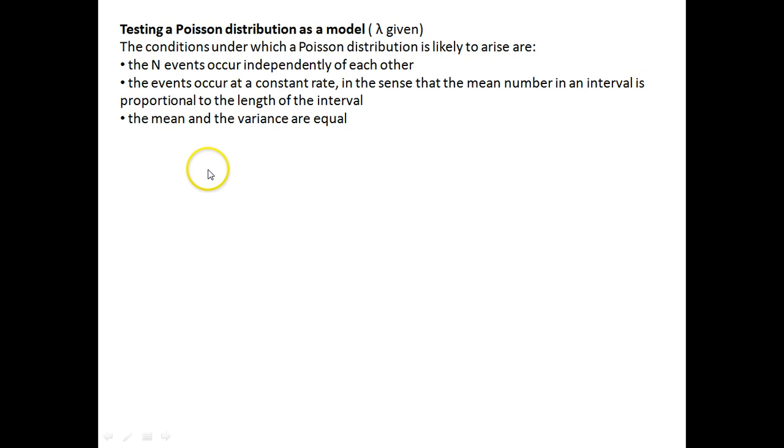Testing a Poisson distribution as a model. The conditions in which a Poisson distribution is likely to arise are that events occur independently of each other, and at a constant rate, in the sense that the mean number in an interval is proportional to the length of the interval, and the mean and the variance are equal.